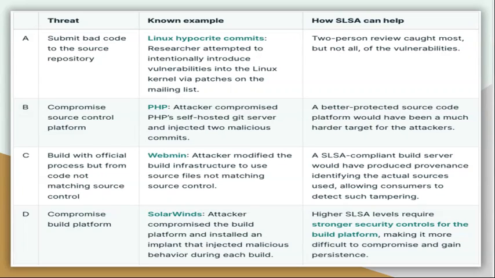The next one is the compromise of the source control platform, the Atlassian platform. In this case, attackers compromised the hosted Git server and injected malicious code. They submitted the commits into the branch, and when the code eventually got built and deployed, the vulnerabilities also got deployed with it.